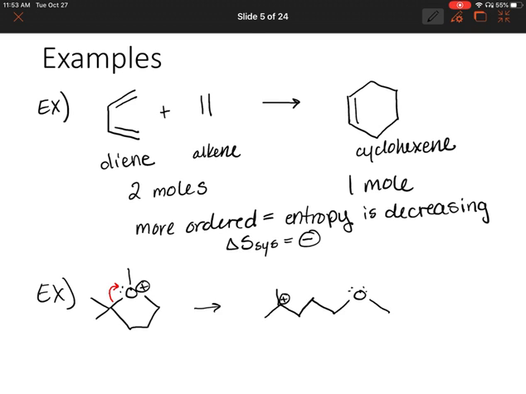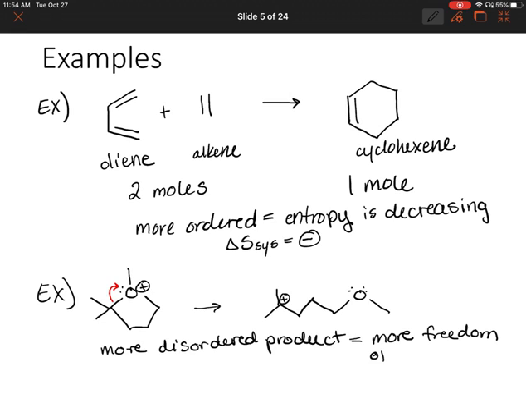So is the product more ordered or more disordered than the reactant? It's more disordered, right? There's more freedom of motion. Whenever you have a ring in your molecule, that's going to create less freedom of motion.